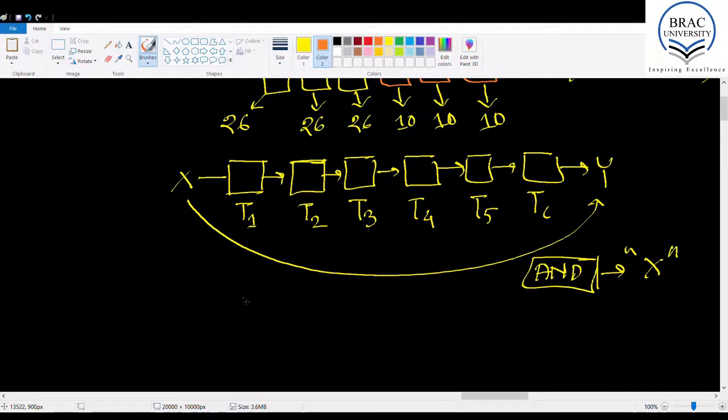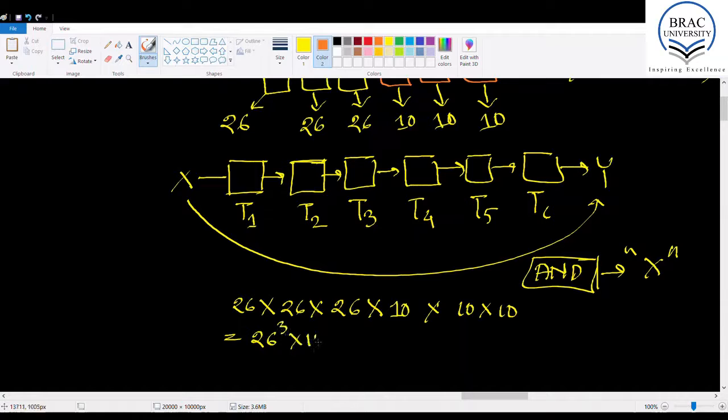And for the first task there are 26 ways, for the second there are 26 ways, for the third task there are 26 ways, for the fourth 10, 10 and 10. And since we'll have to use multiplication rule, we'll multiply all of them, and at last we get 26 cube into 10 cube.